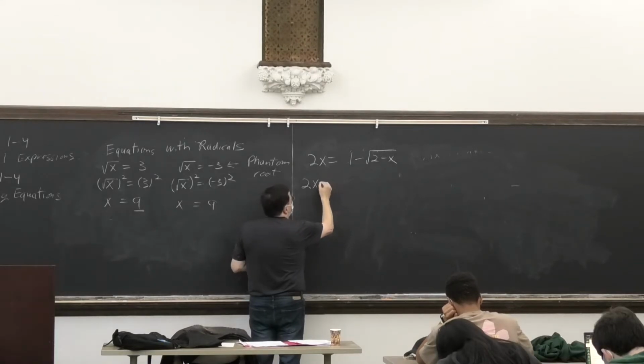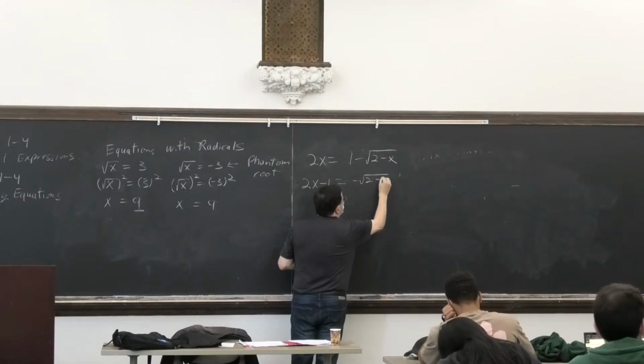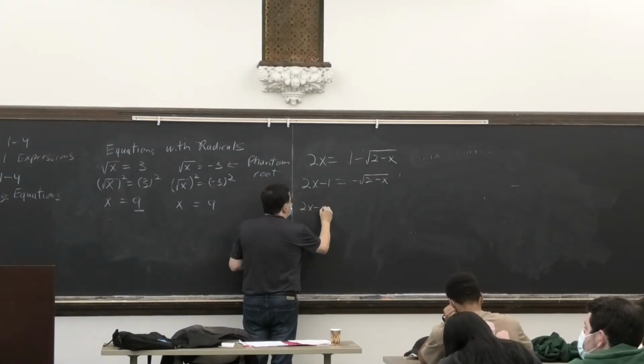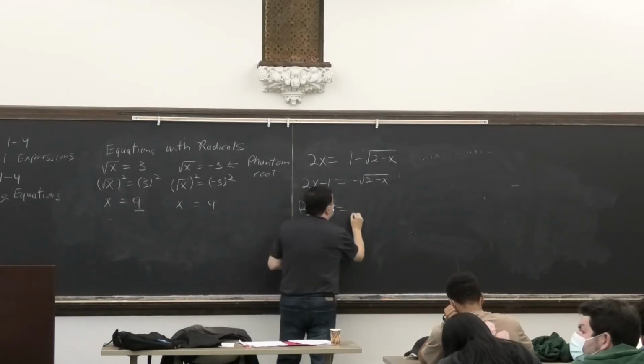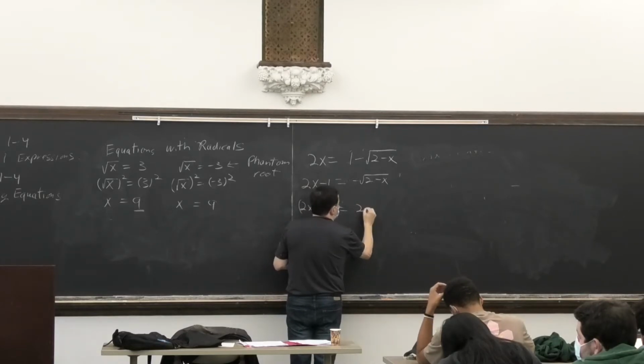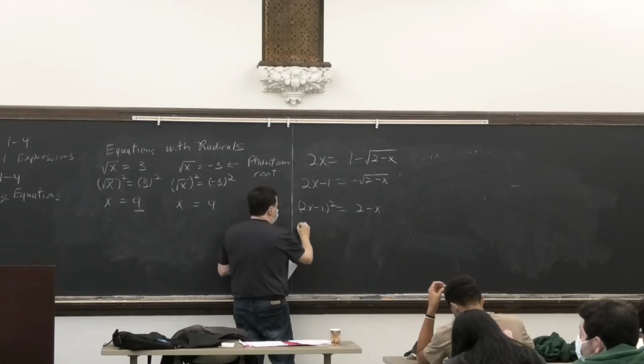Subtract 1 from both sides. Square both sides. Oh, minus times a minus is a plus, so we just end up with minus x. Let's multiply this out.